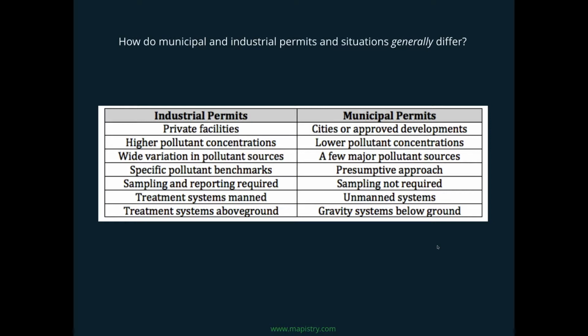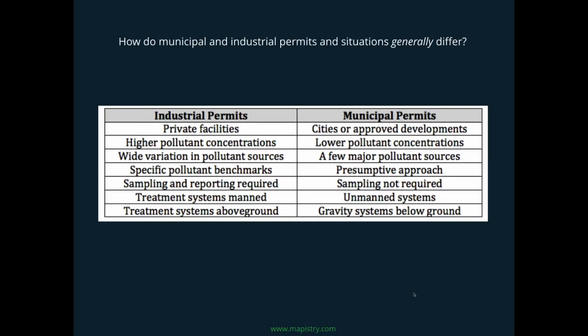Whereas with the industrial permit, obviously, you have to do your sampling and meet certain effluent benchmarks or NAL concentrations to meet your permit. Often, industrial permits are at places where you have staff. There's a business going on there, there's staff there, there's power, there's lights, they're often fenced, someone's around there.